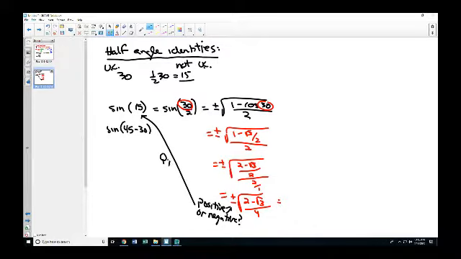So look at your original angle. Is sine positive or negative in that quadrant? Okay, so in quadrant 1, sine's positive, so your final answer is positive. You mean over 4?